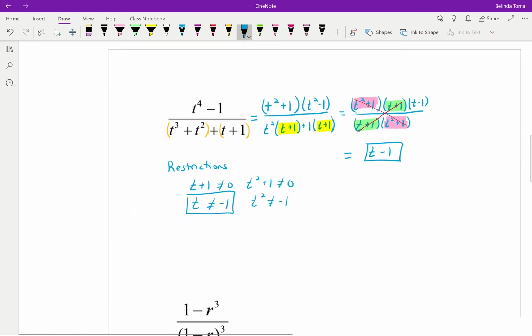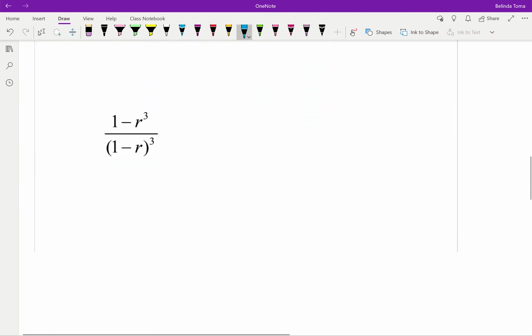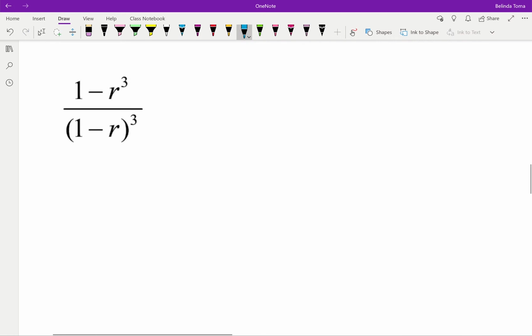In our next example, we see something that may look like the same in the numerator and the denominator, but they are not. So be careful here. In the numerator, we have the difference of squares, and in the denominator, we have a binomial taken to the 3rd power. These are not equivalent.